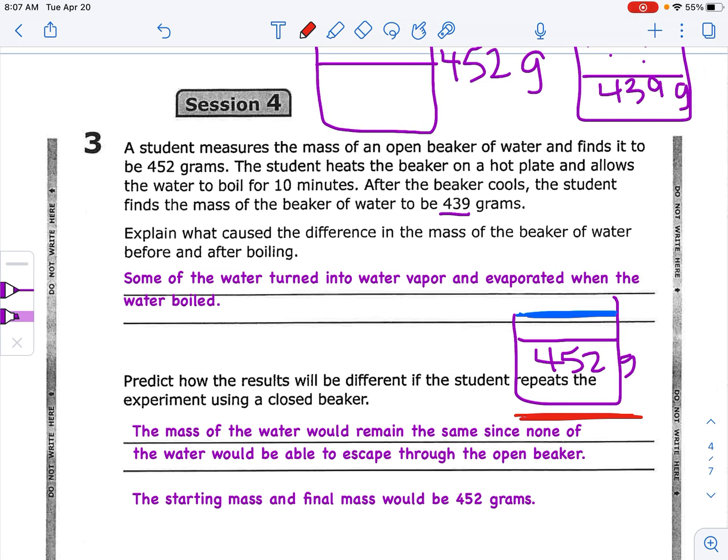But all of the water here is going to be trapped inside. So they're still going to be boiling. We're still going to be changing back to water vapor, but it's going to be trapped. So when this is taken off and allowed to cool, this is just going to drop back into here, and we've not lost any of the water vapor to the environment.